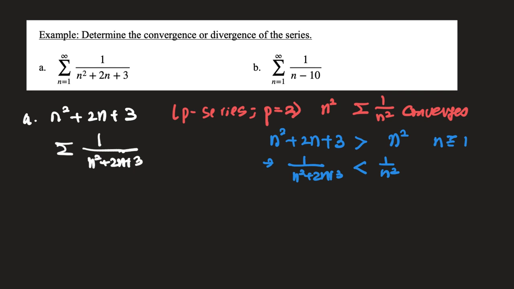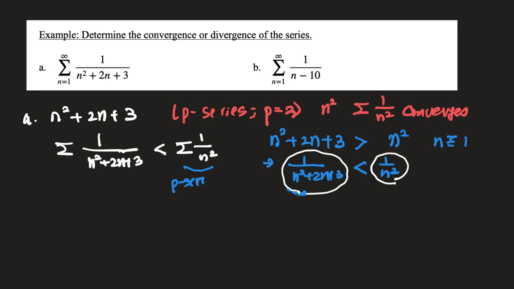So this series is less than the summation of 1 over n squared. But like I said, this series on the right side, we already know it's a p-series with p equal to 2, which converges. So we're going to say this converges. So we have our answer: this converges.